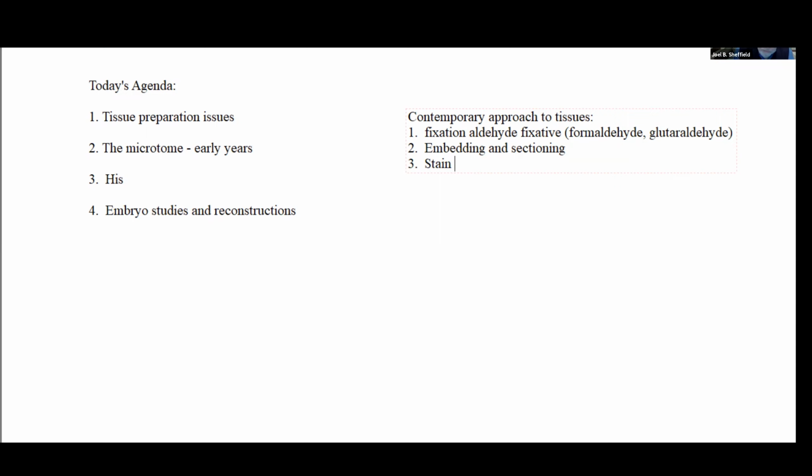And these days, of course, we have not only specific dyes, but also a whole array of fluorescent reagents that certainly enrich what we're doing now.